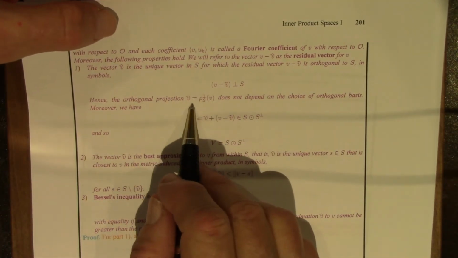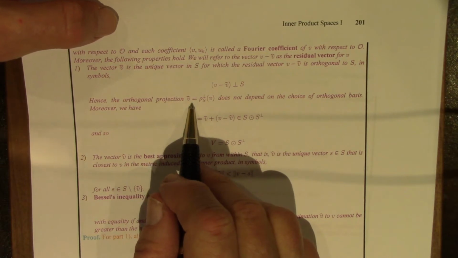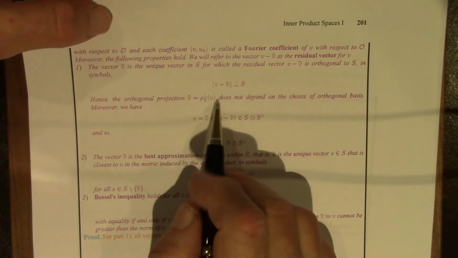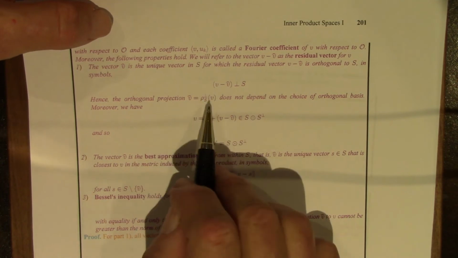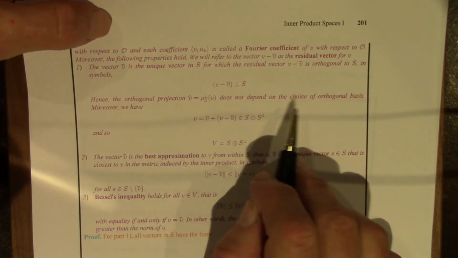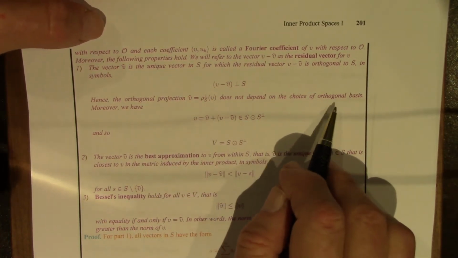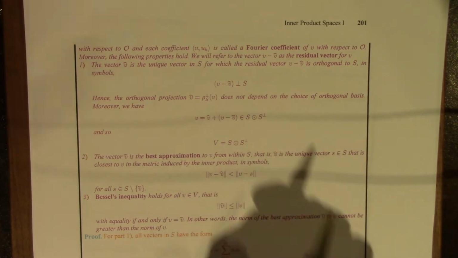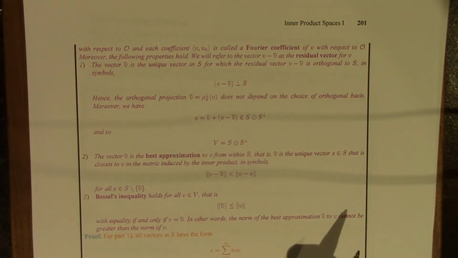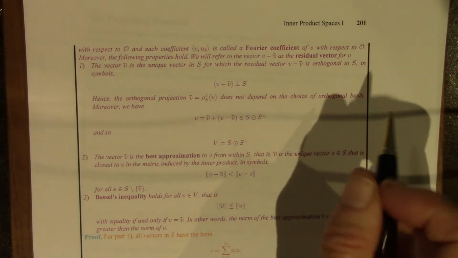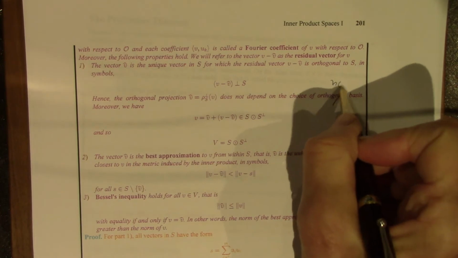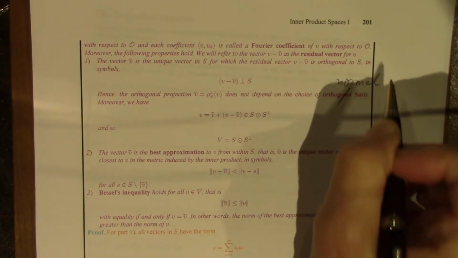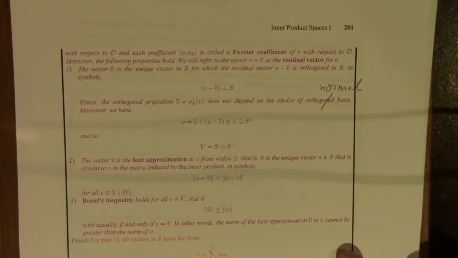So this orthogonal projection, once we've proven this, does not depend on the choice of orthonormal basis. This should really be orthonormal. We could do this for orthogonal sets, but it's simpler just to normalize all the non-zero vectors.